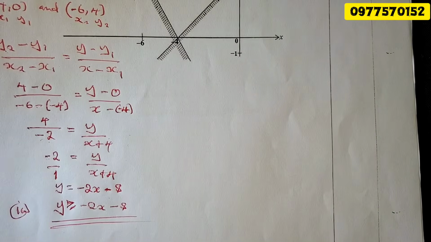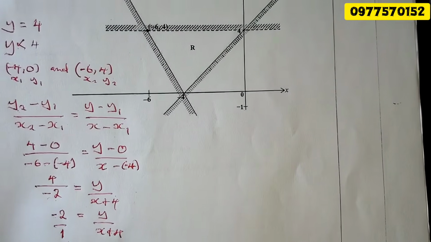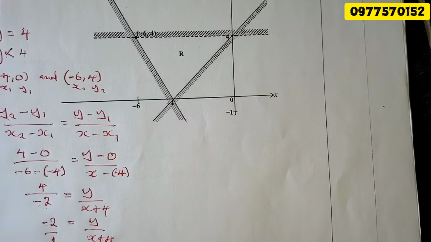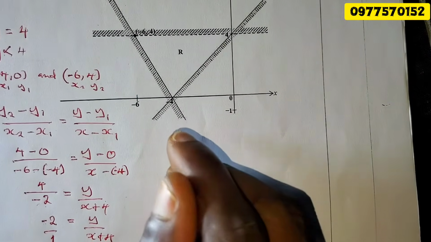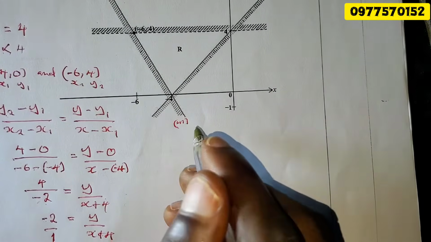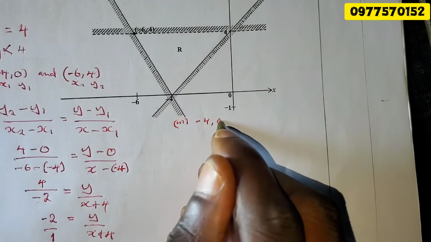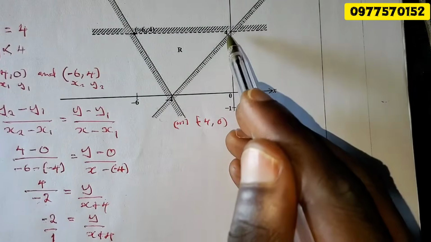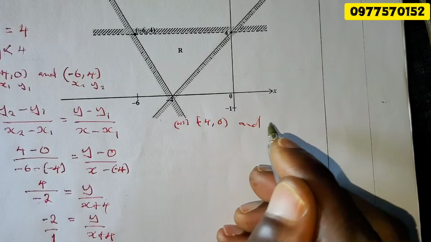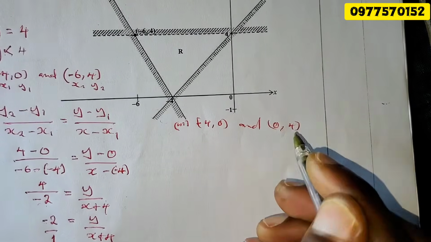Now, let's solve the last one. This line, let's solve this line. So we're going to get the coordinates, of course, like I said, get the coordinates. This is negative 4, 0. So negative 4, 0. Then this is 0, 4. Alright? That is 0, 4.